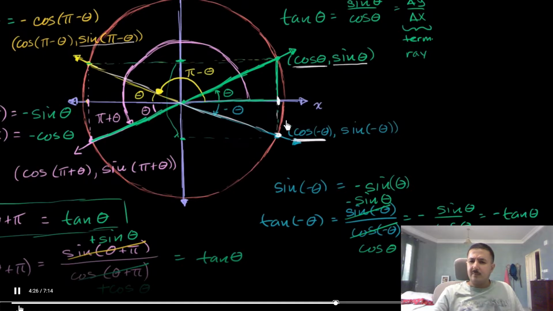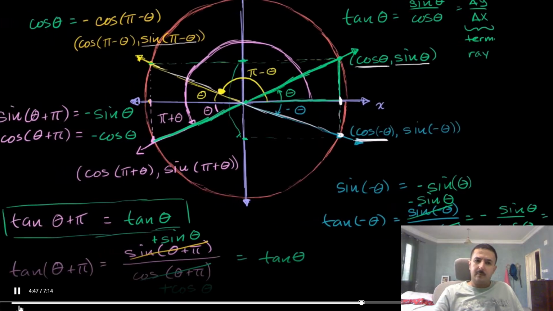And so we see here, if you take the negative of the angle, you're going to get the negative of the tangent. And that's because the sine, the numerator, in our definition of tangent, changes signs, but the denominator does not. So tangent of negative theta is the same thing as negative tangent of theta. Now what about this point right over here?